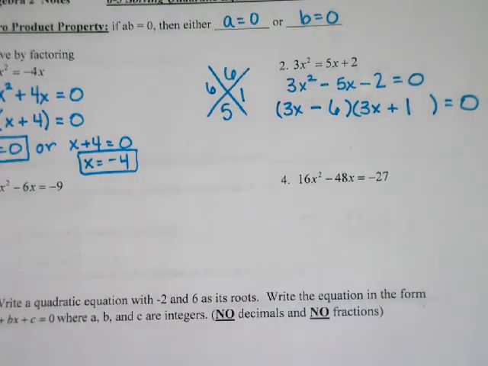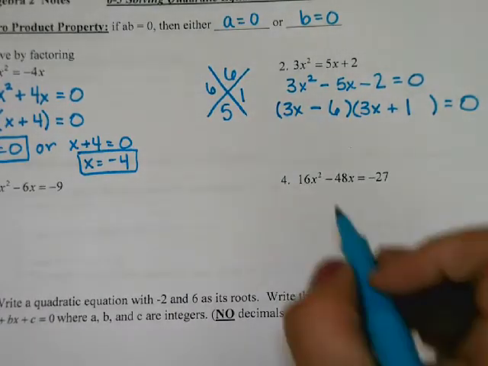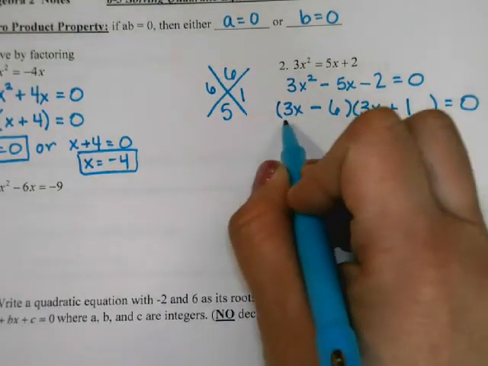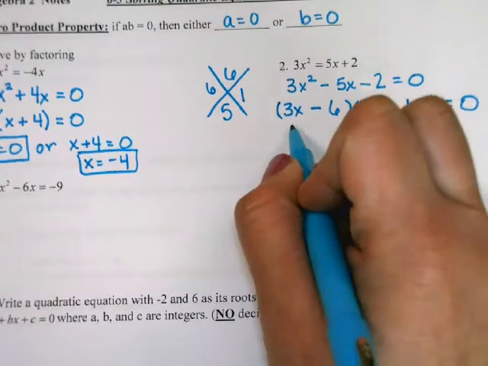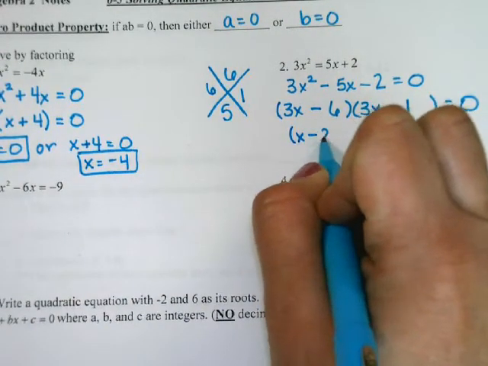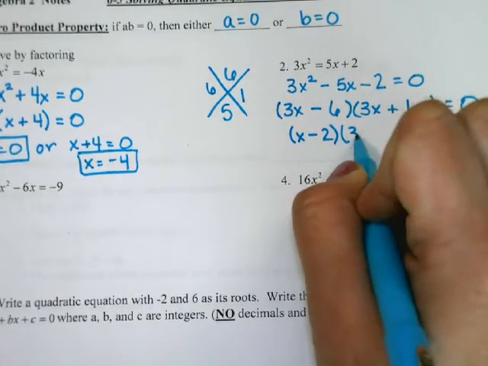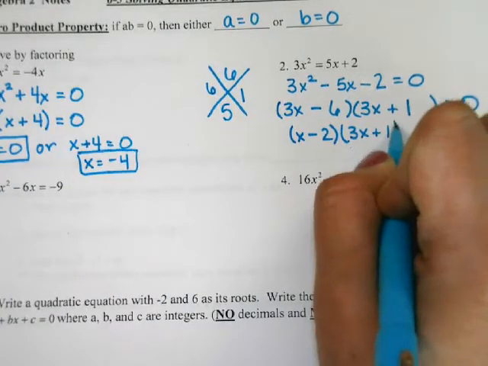Remember, I put that 3 in there too many times, so I need to get rid of him and throw him in the trash. 3 and 6 have a 3 in common, so this guy is now x minus 2. 3 and 1 don't have anything but 1 in common.